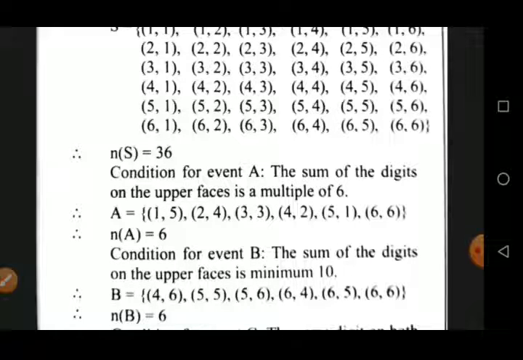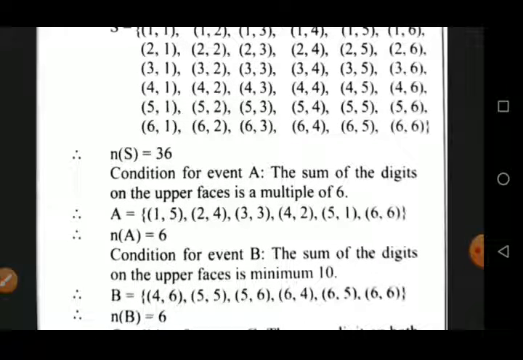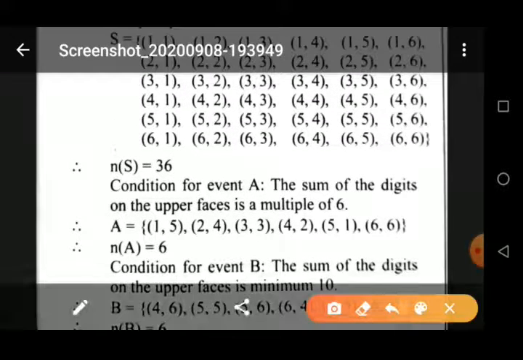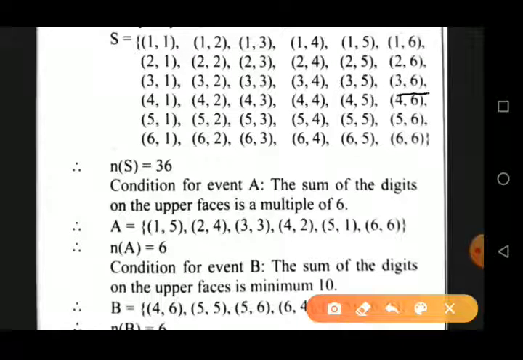B is equal to, the highest sum up to the third line is 3 plus 6, means 9. That means that does not come in this. That is not applicable for this event.